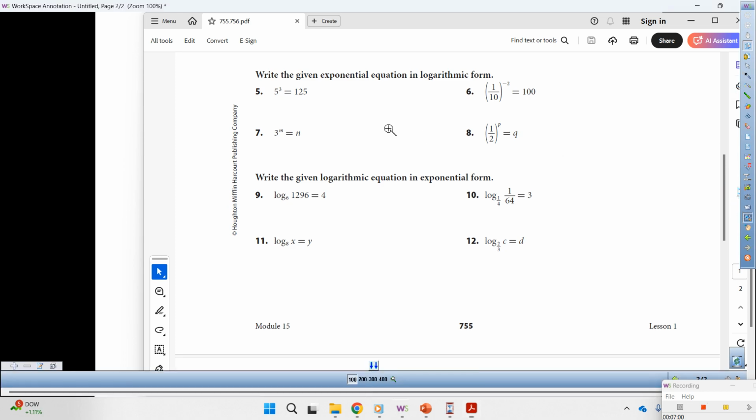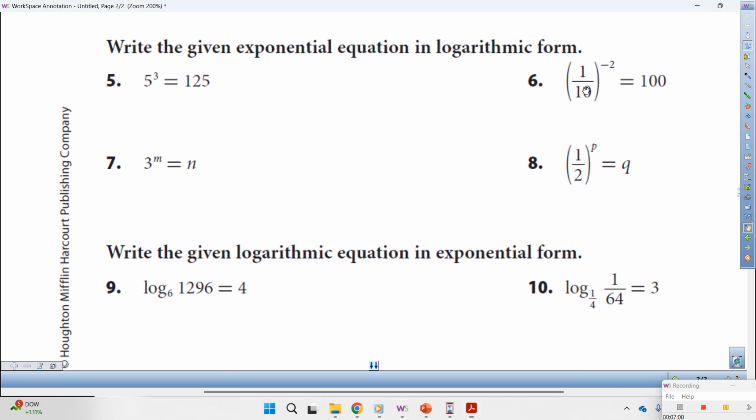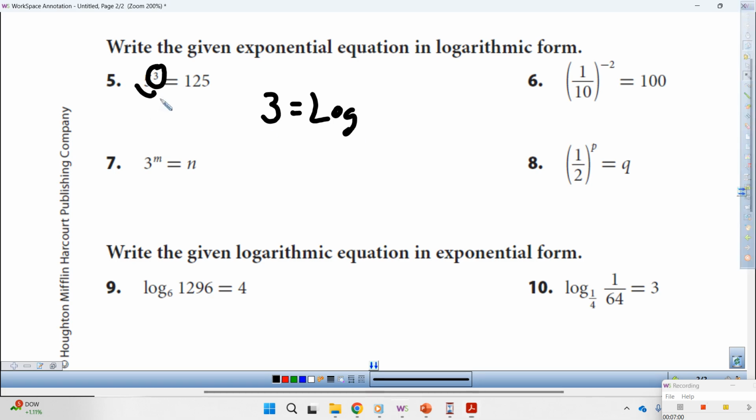Zoom in. It says, write the given exponential equation as a log. So, what is my exponent here on this one? It's a 3. So we start with 3 equals log. What is the base? The base was 5 given 125. That's how you do those.